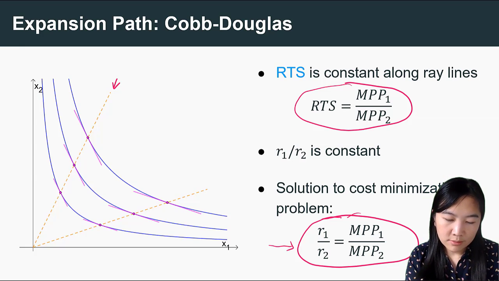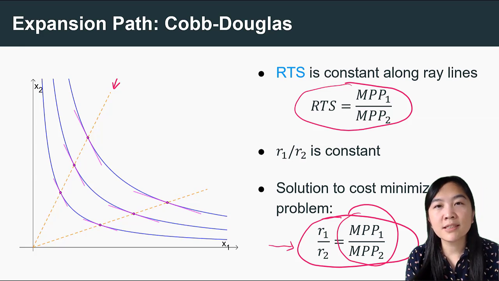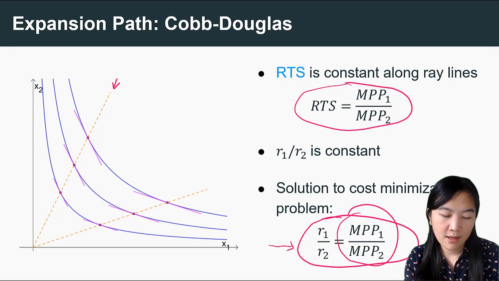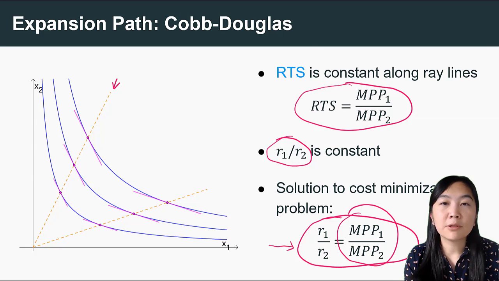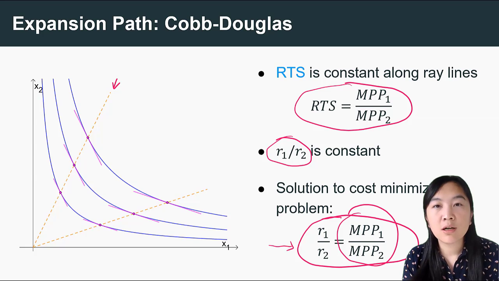We know the MPP ratio is constant along ray lines, and if we are given particular input prices for both input 1 and input 2, then the ratio of r1 over r2 is also constant.